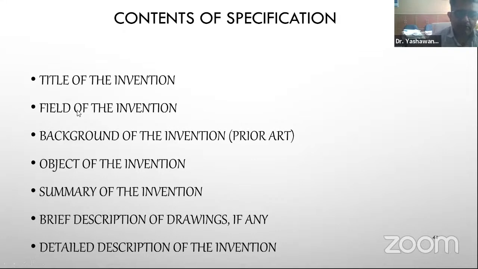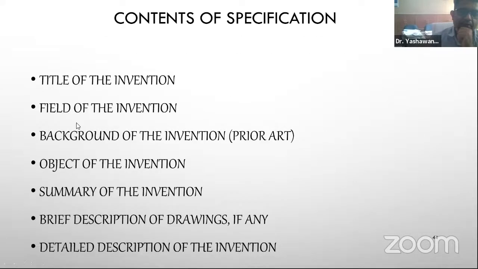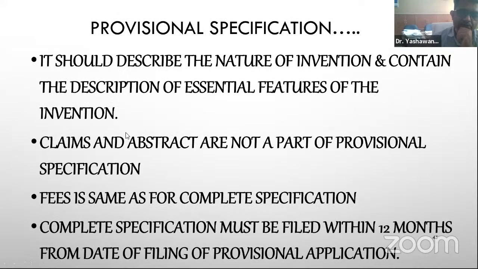The next page starts from the field of invention, then background, object, summary, brief description of drawings, and detailed description of invention, and then it should describe the nature, etc. Then claims, which I said is the most important part, and these claims are supposed to start from a fresh page. Then the abstract has to be on a separate page.